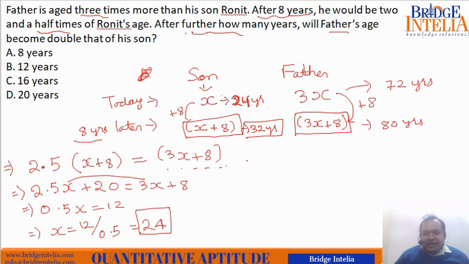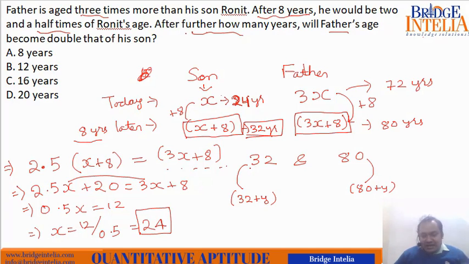So it means when they have already attained ages of 32 and 80 years, after this, after how many years? Let's suppose after y years. Then son's age would be 32 plus y and father's age would be 80 plus y.